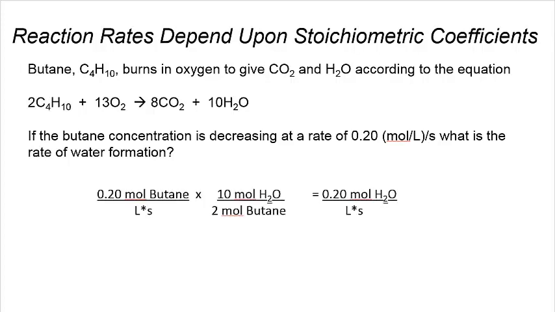Okay, in this case, butane is being used up at a rate of 0.20 moles per liter per second. In the balanced equation, for every 2 moles of butane, right up here, that are being used, there are 10 moles of water, usually in the form of a gas when you're burning something like this, that are being formed.